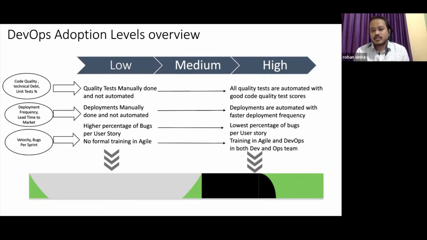Code quality should be such that there should not be any bugs in the code, or hardly any technical debt, or a very small amount of unit tests that have not been done.